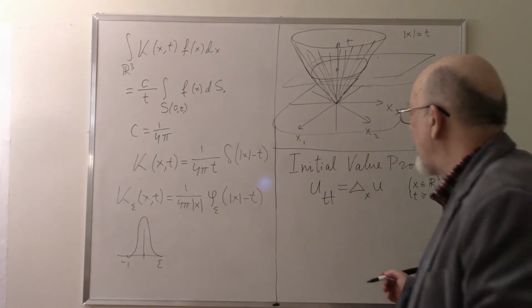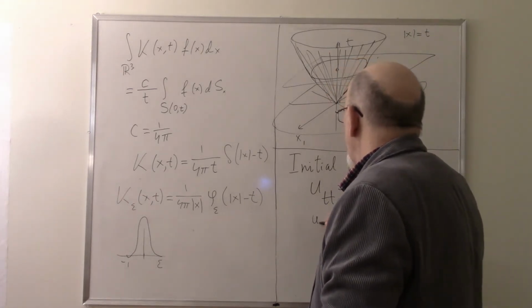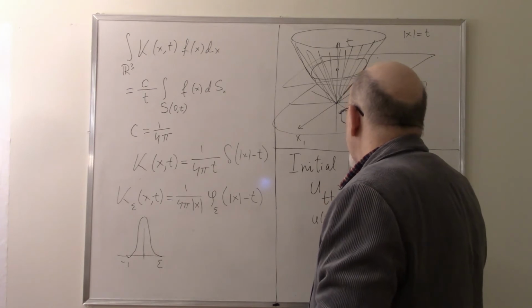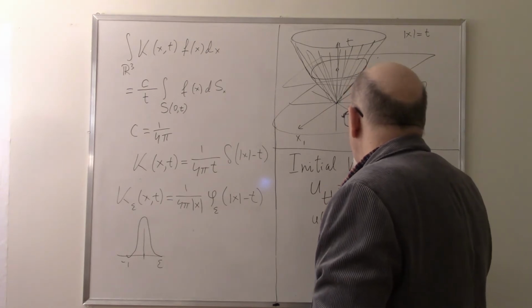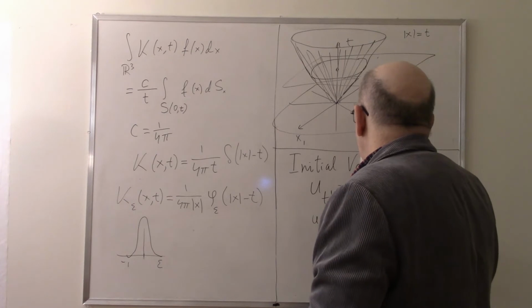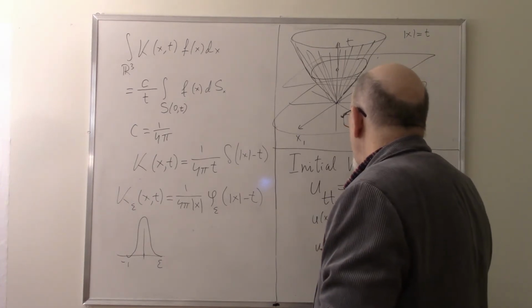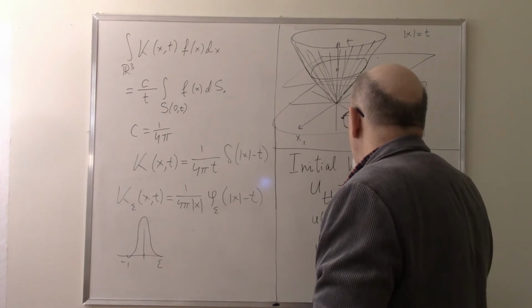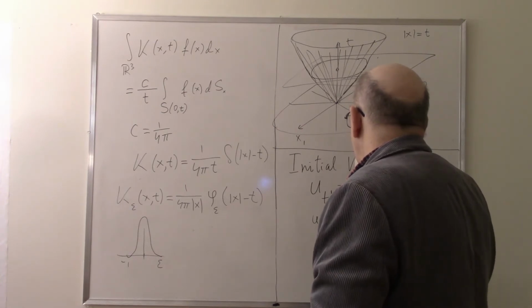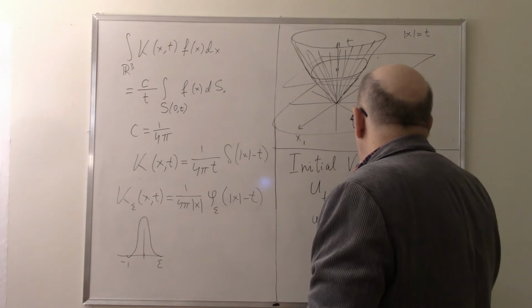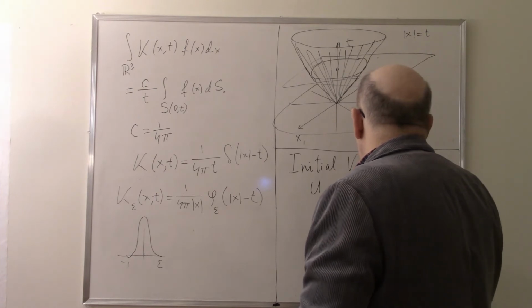Now we have similar initial conditions: u of x t for t equals 0 equals f of x, and u t of x t for t equals 0 equals g of x.